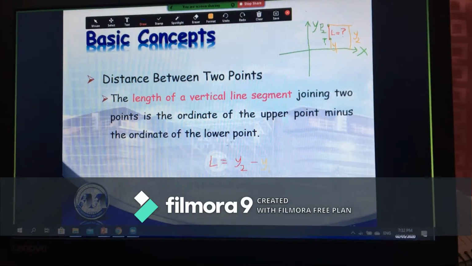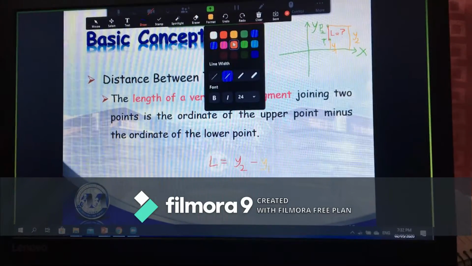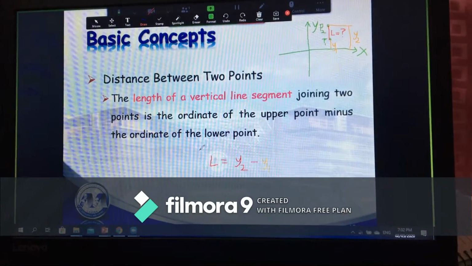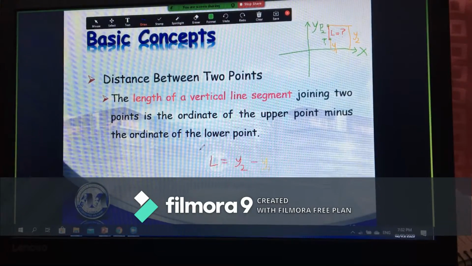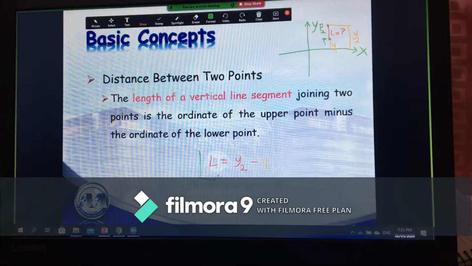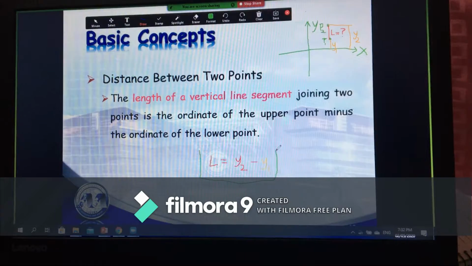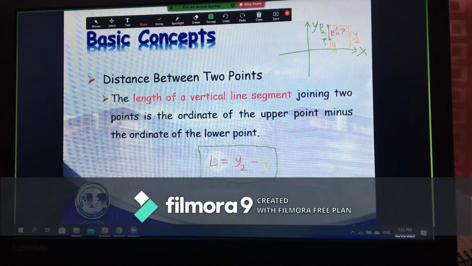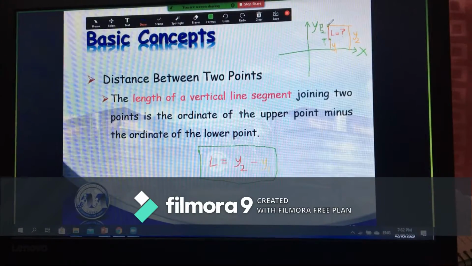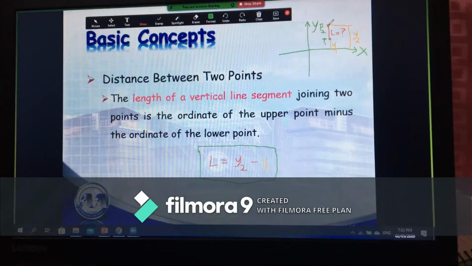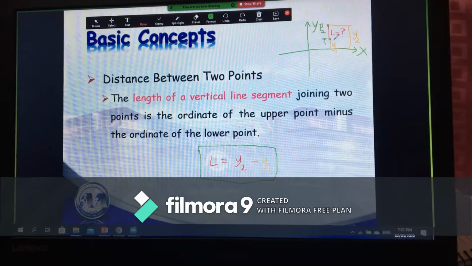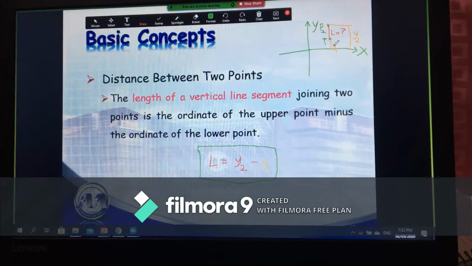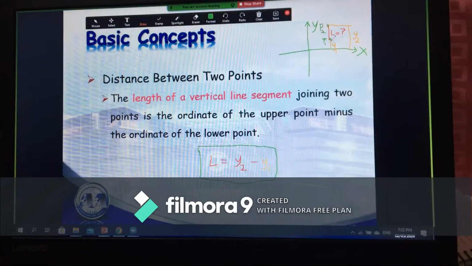Okay? So ito yung length of a vertical line segment, no, from our illustration. So you simply subtract the ordinate of the upper point, meaning y value of the upper point, minus the y ordinate, or the ordinate of the lower point.